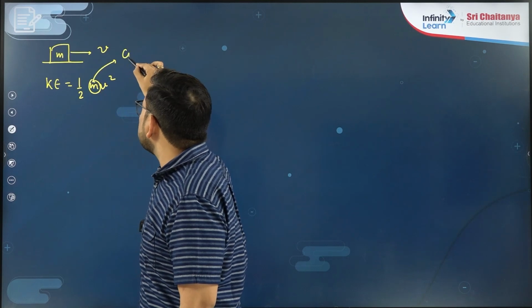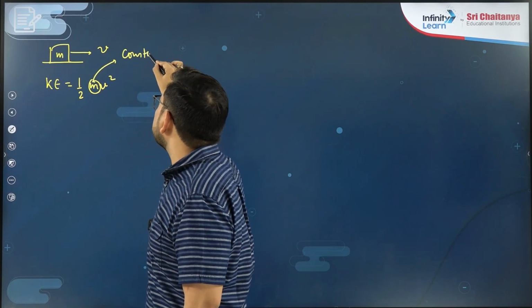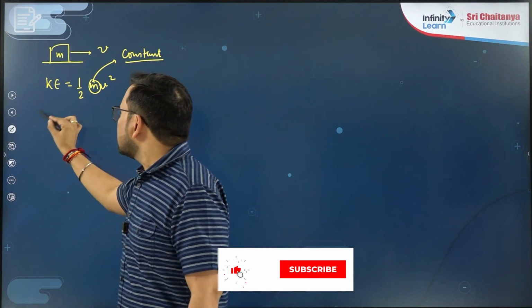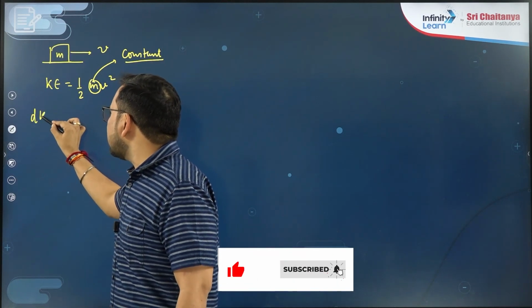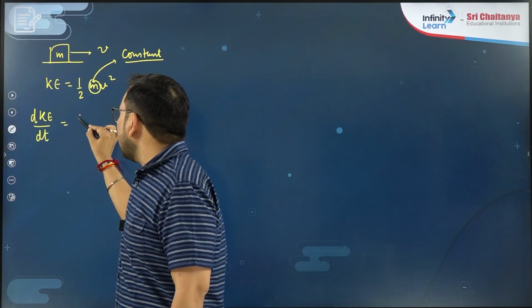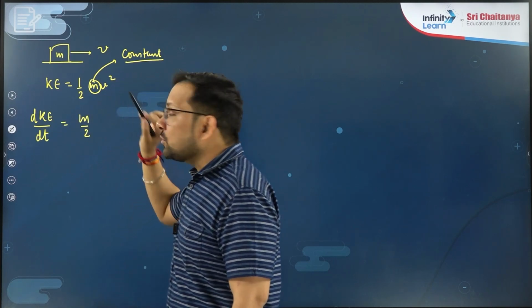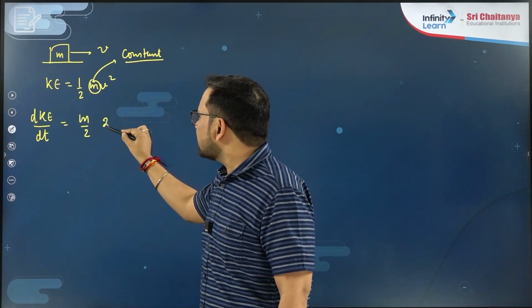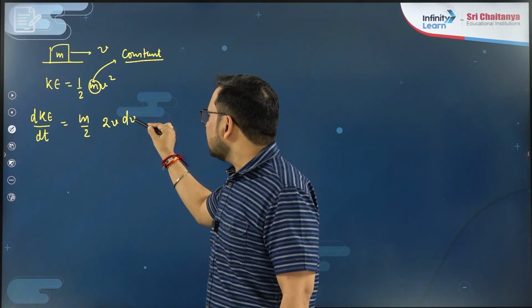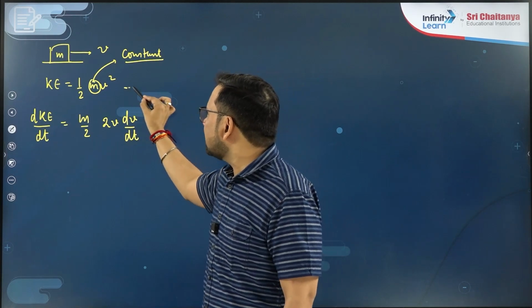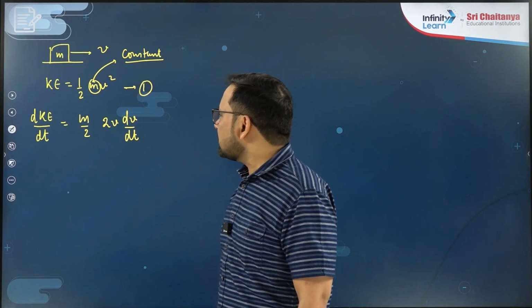So m is being taken as constant, let's say, as we are doing particle dynamics, mass is constant. So if I differentiate kinetic energy, dK by dt, m is a constant and 2 is already a numeric constant, so m by 2, v square differentiation is 2v, and then it is dv by dt. I am differentiating that expression number 1 with respect to time.